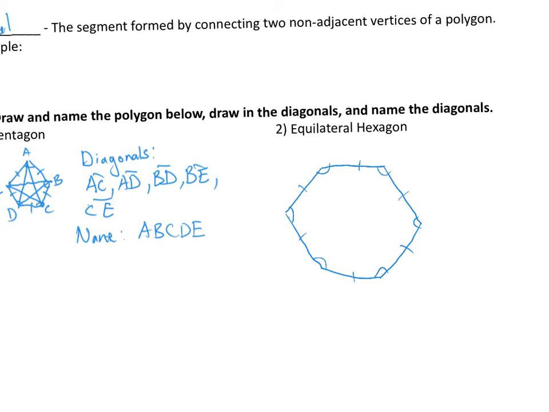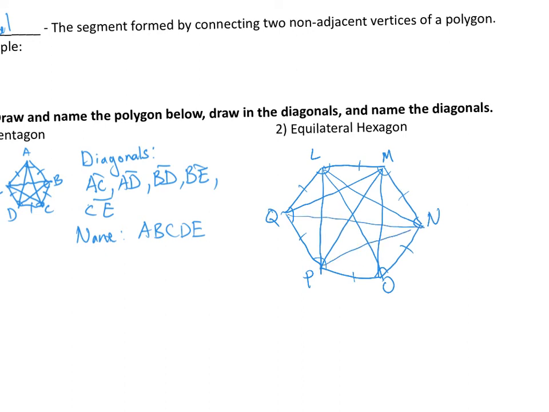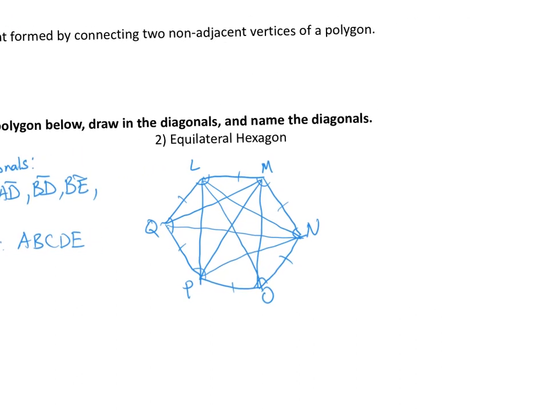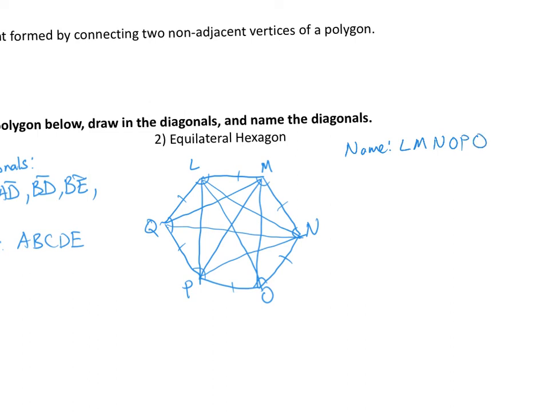So let's call this L, M, N, O, P, and Q. So we're just going to connect each one to each other. And there we go. We'll call this hexagon LMNOPQ.